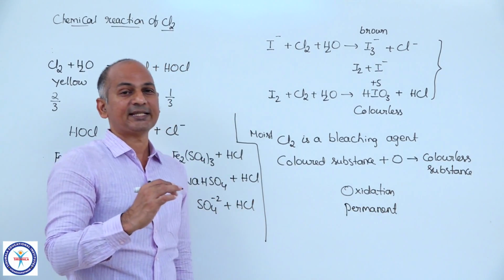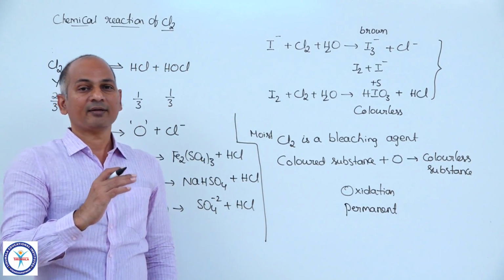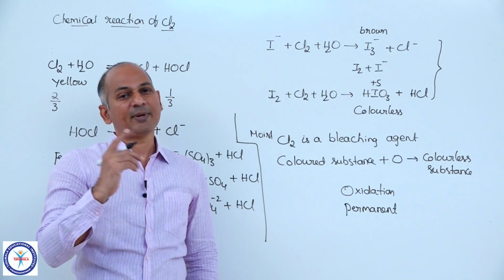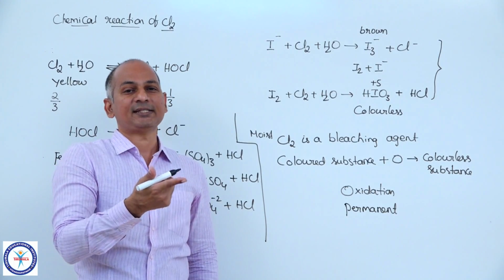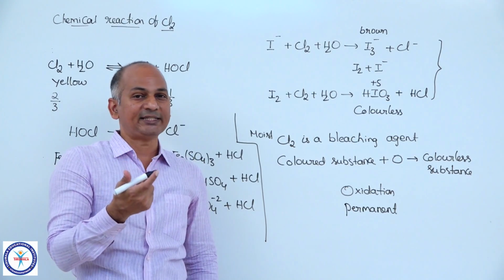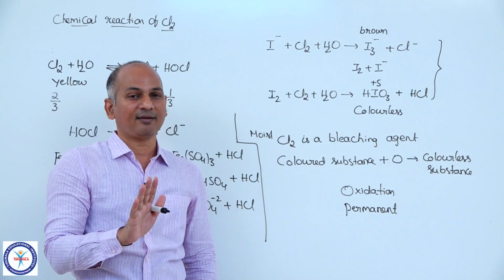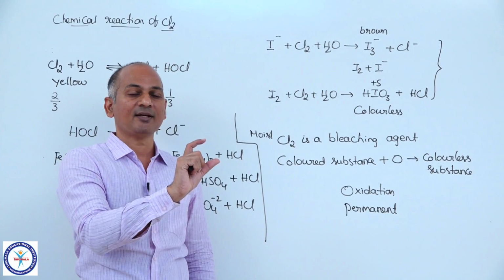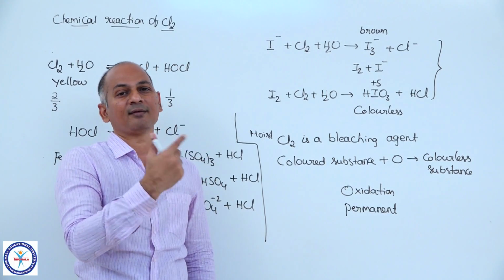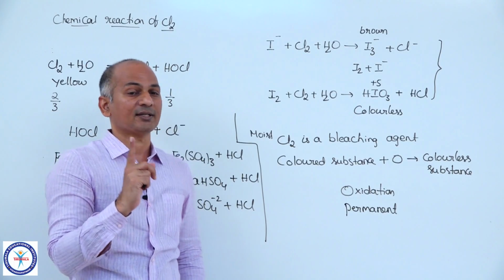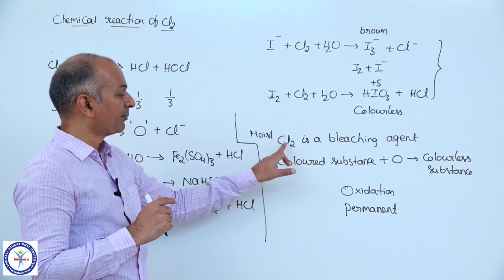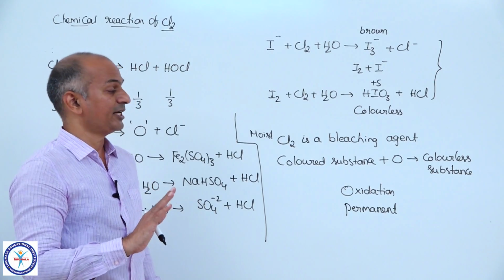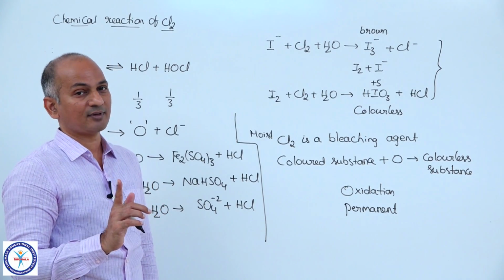SO2 bleaches the color by reduction, but atmospheric oxygen again oxidizes it. So SO2's bleaching action is only temporary. For some time it is bleached, but the color again comes back because of the atmospheric oxygen. But chlorine is not like that. Chlorine bleaching action is permanent, and it is done by oxidation, not reduction.